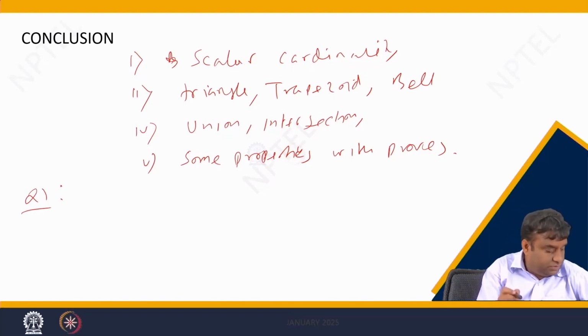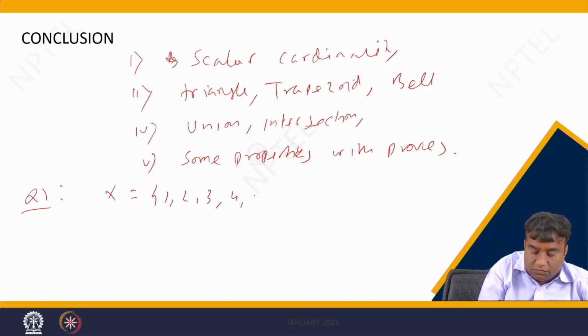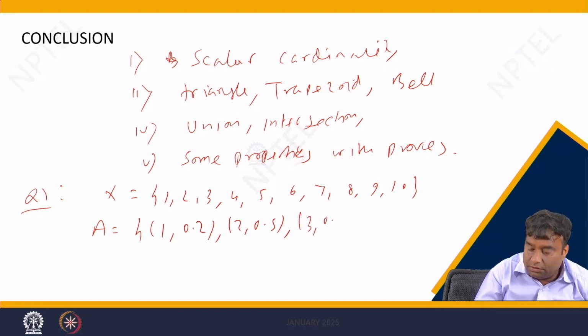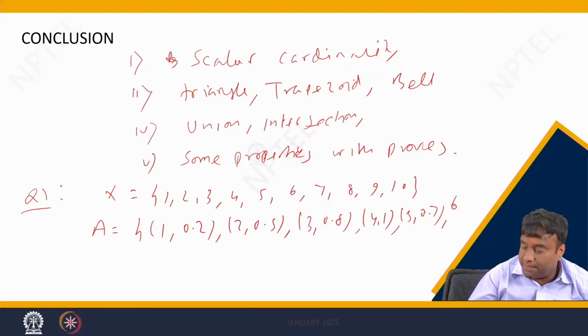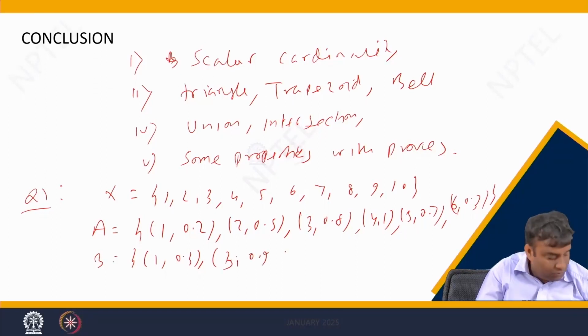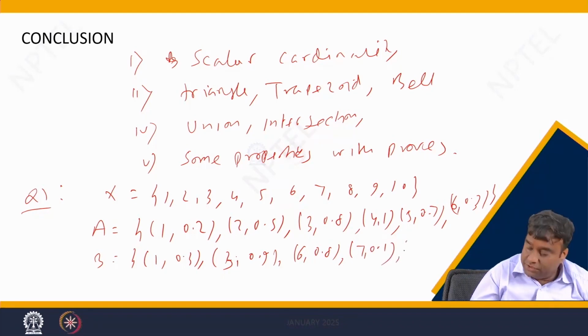Let X be the universe set, which is equal to 1, 2, 3, 4, 5, 6, 7, 8, 9, 10, and fuzzy set A equal to {1, 0.2}, {2, 0.5}, {3, 0.8}, {4, 1}, {5, 0.7}, {6, 0.3}, and B is {1, 0.3}, {2, 0}, {3, 0.9}, {6, 0.8}, {7, 0.1}, {8, 0.4}, {9, 0.6}, {10, 1}.